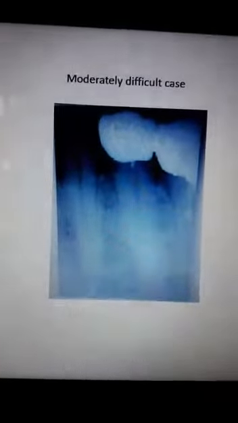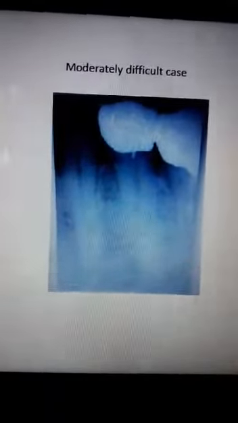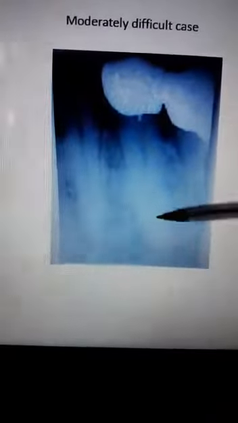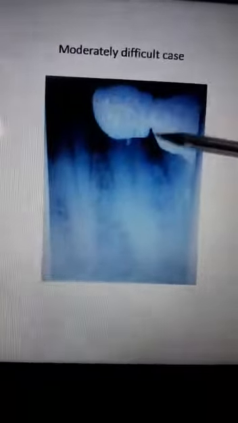Now let's consider a moderately difficult case. Here the patient, again healthy, non-anxious, with no limitation in mouth opening, is reporting pain that is well localized to the mandibular second premolar. Here the pulp space is fine, just a bit reduced, but something important for us to consider is that the tooth is crowned.